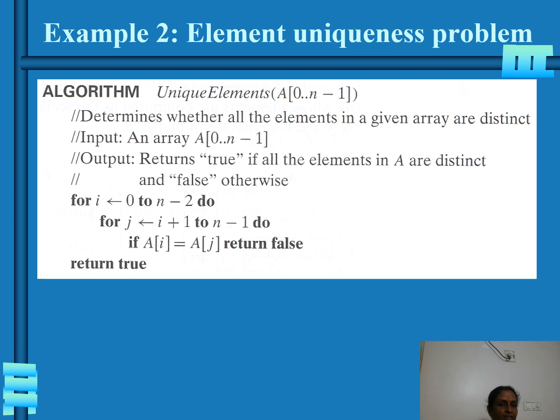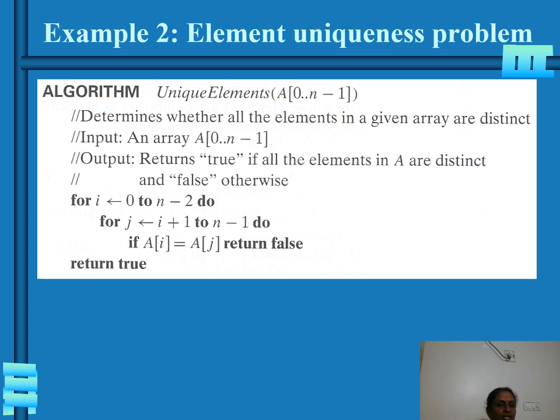Here it will require two loops. The outer for loop determines the element you take each time, to compare with the remaining elements of the array, so it ranges from 0 to n minus 2. The inner for loop compares with the next elements onwards until the end, so it starts from i plus 1 to n minus 1.